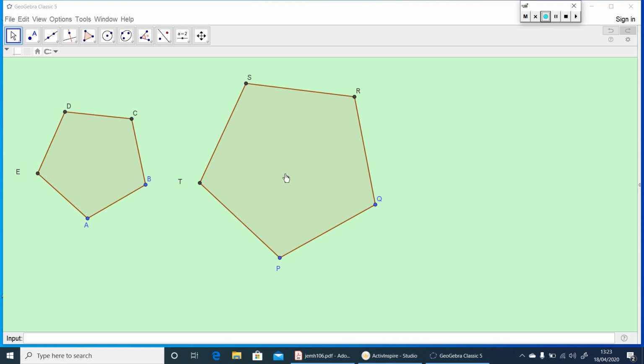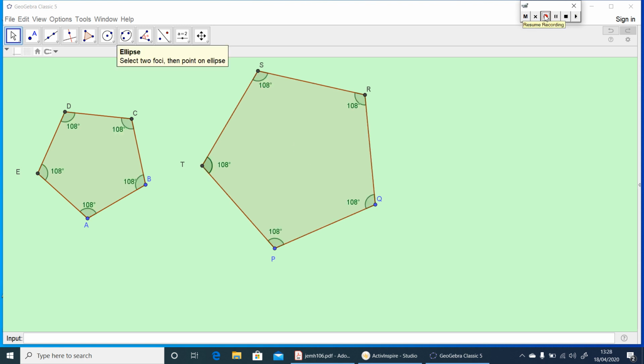Now let us check it by measurement. Here we have pentagons ABCDE and PQRST. Of course both are of the same shape and not the same size. Let us check their angles.